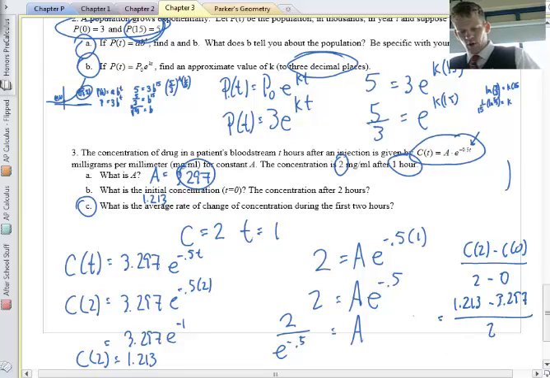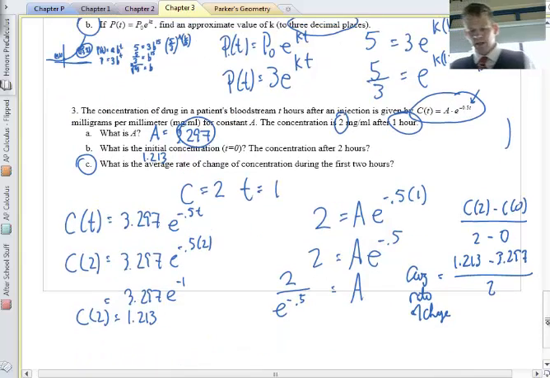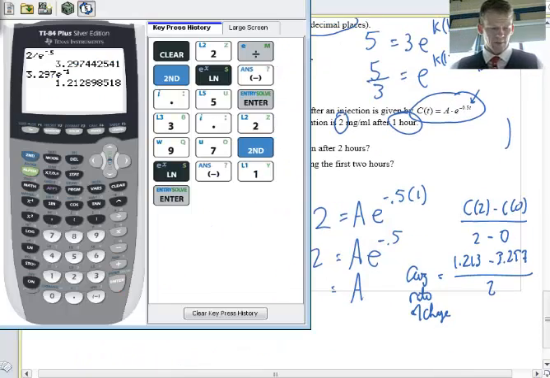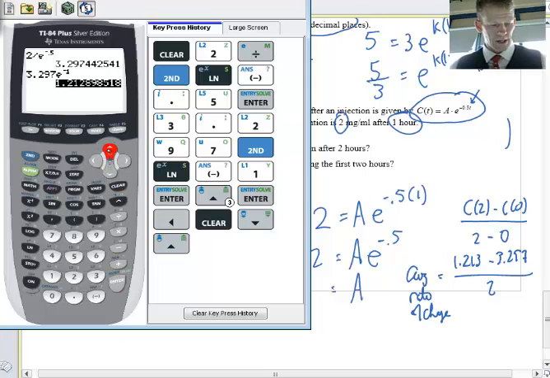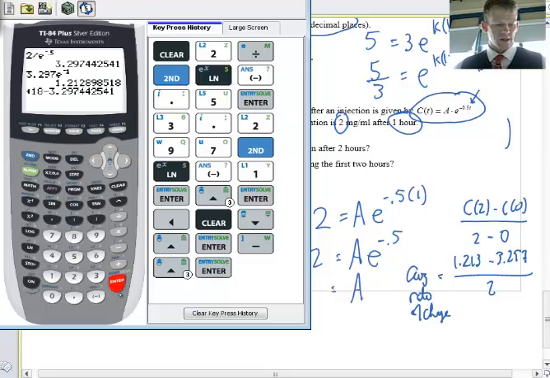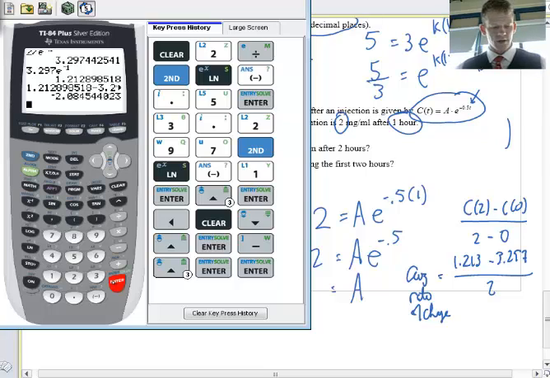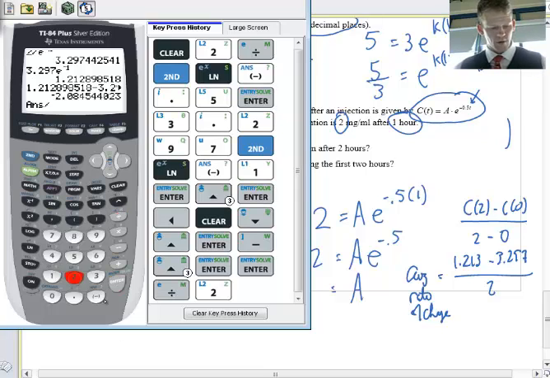So that would be the average rate of change of the concentration. Let me just go back to my calculator. That would be this quantity minus, let me go up to the first one. So I'm going to hit enter. That's my change in concentration divided by 2 hours.